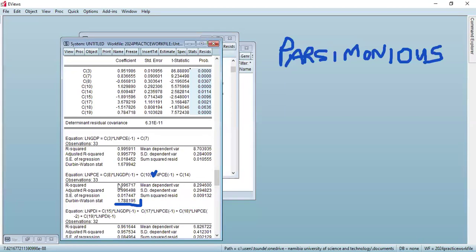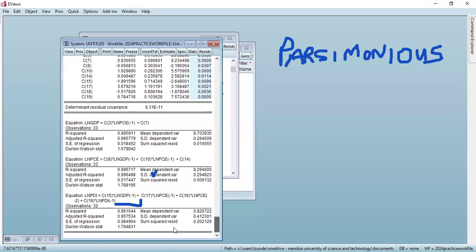And this one is also close to 1.7. It may suggest that there is no autocorrelation. Then the last one is above 1.7, which means there is no autocorrelation. Because I said, for there to be no autocorrelation, the DW must lie between 1.7 and 2.3, if you still remember what we called the rule of thumb. So it's possible that there is no autocorrelation in all these models.